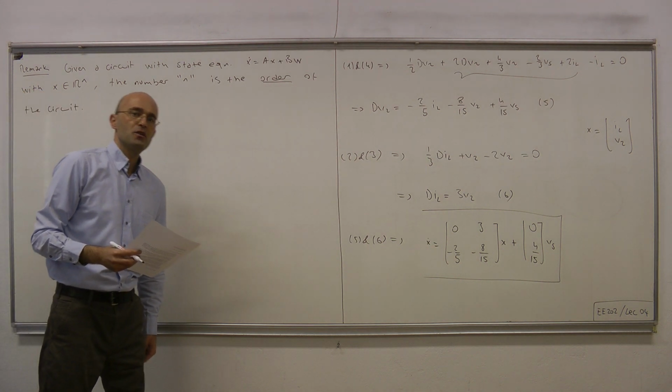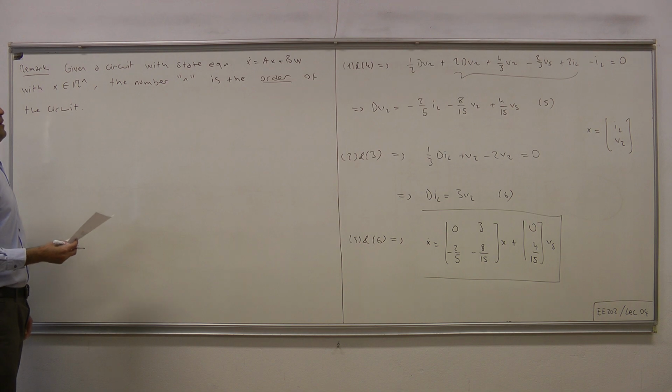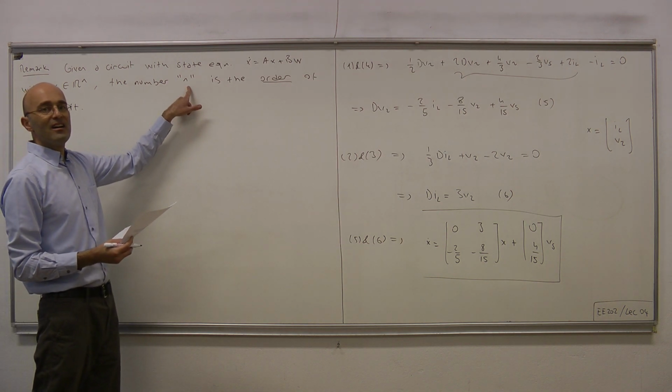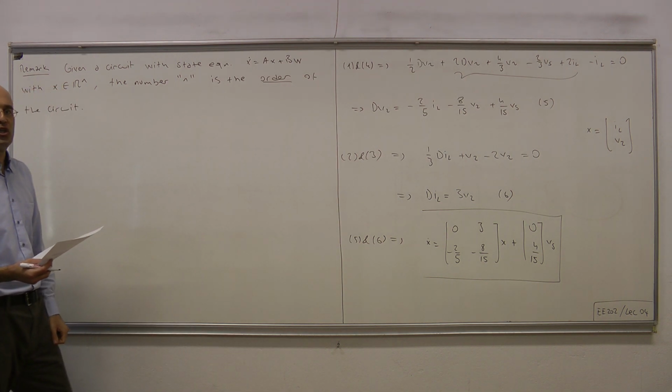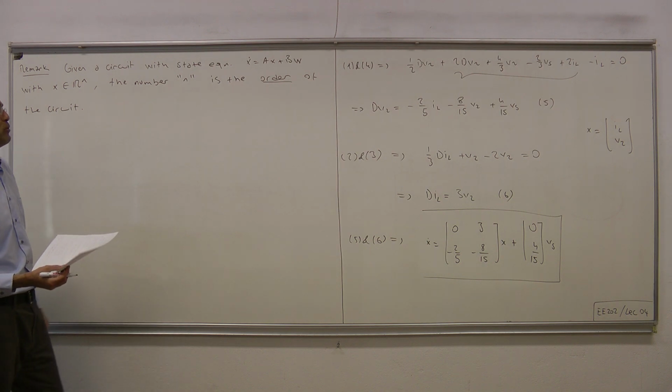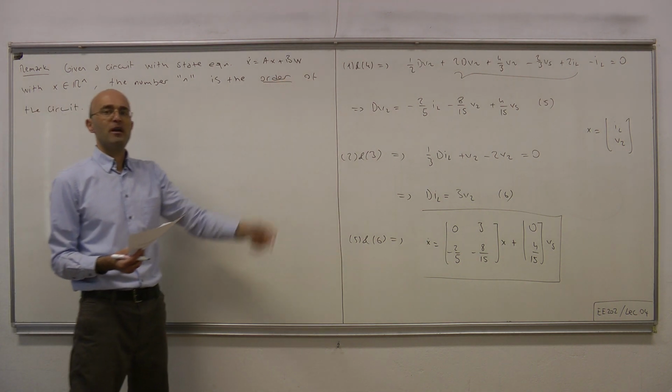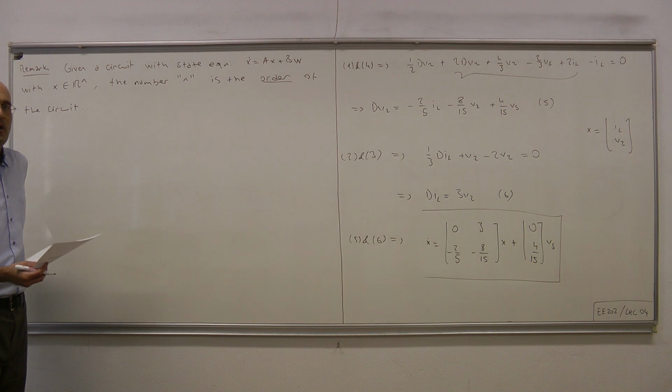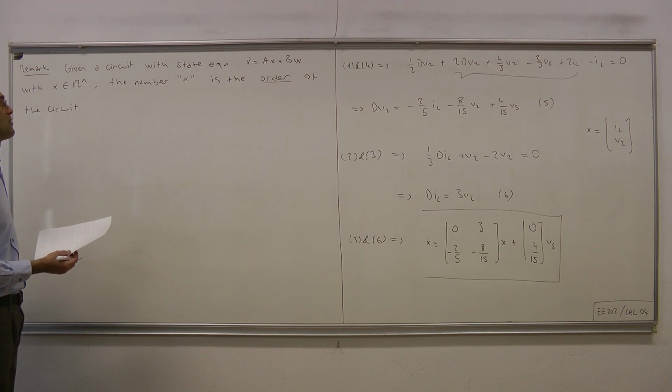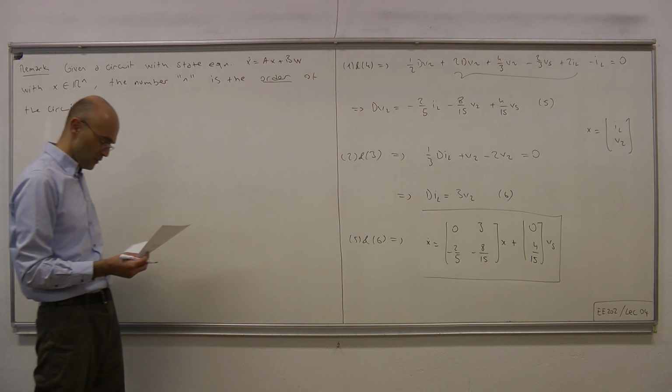So that means you have to know the n individual initial conditions, plus the knowledge of the input, in order to be able to figure out the future evolution of the circuit.